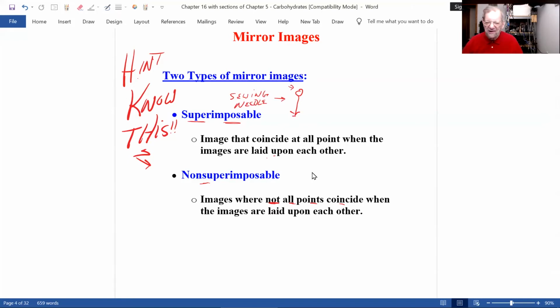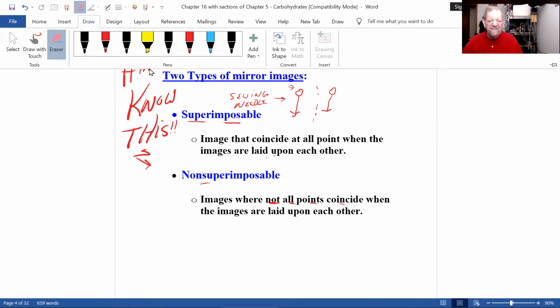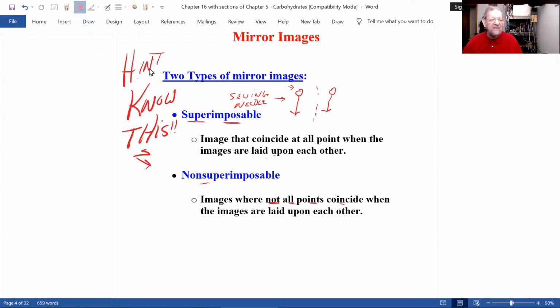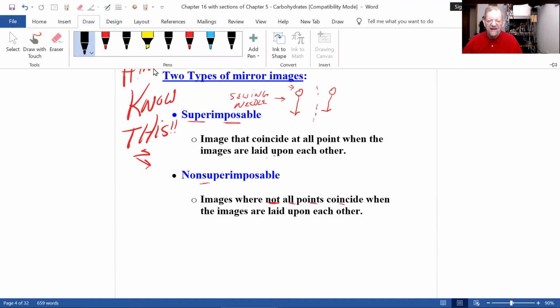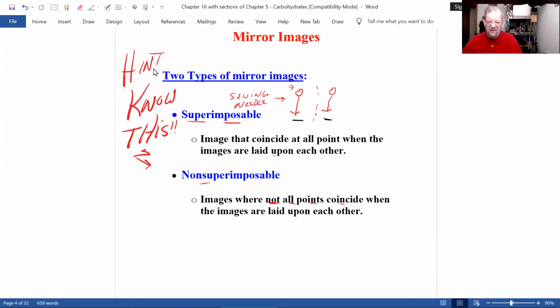And I'm going to put a mirror like this as a dotted line. And if I drew the mirror image, I wouldn't have this line at the bottom. It would look like what I just drew. And these are superimposable, because I could pick this up and it would superimpose on that.